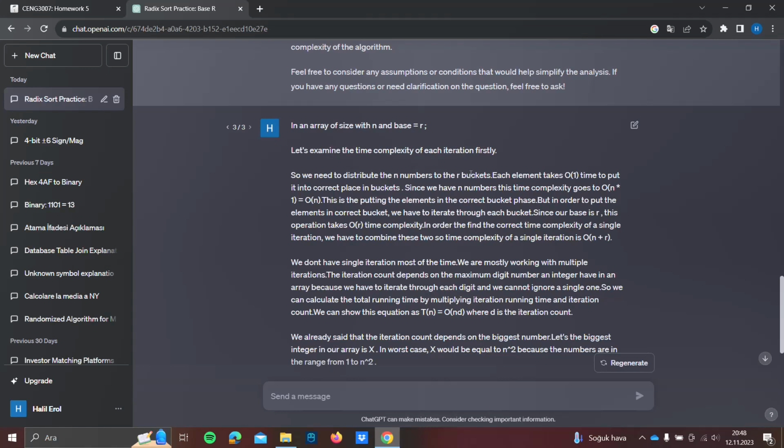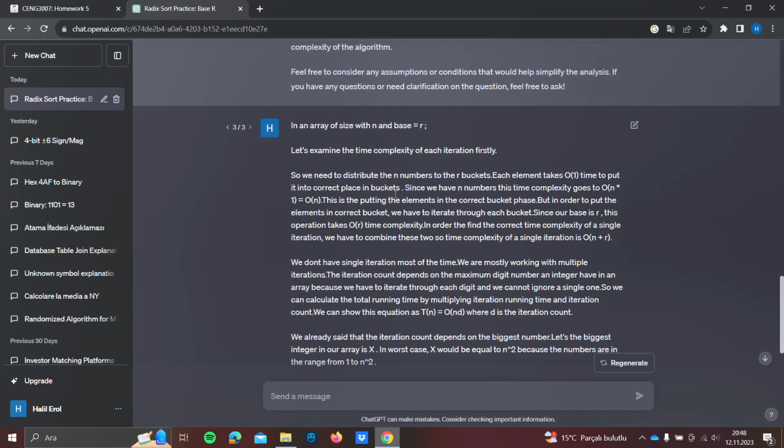Because you can think of the buckets as arrays, and we are assigning a digit from our number to an index of the bucket. This is only an assignment operation, so it takes O(1) time. But we have n numbers, so this goes to n times 1, which is O(n). This is the phase of putting the elements in the correct bucket.